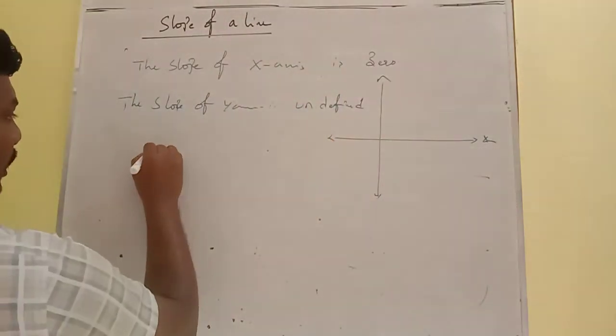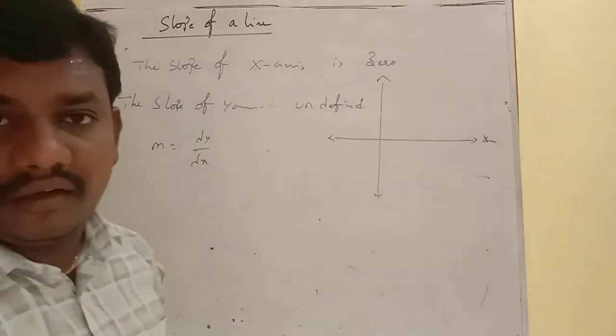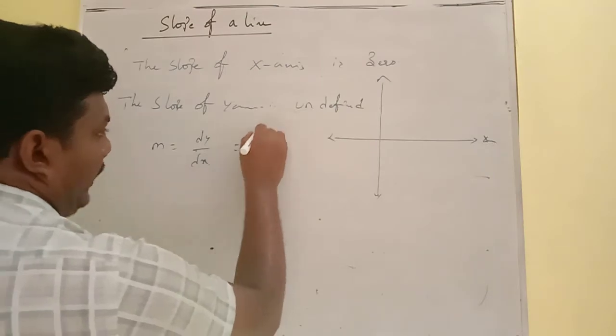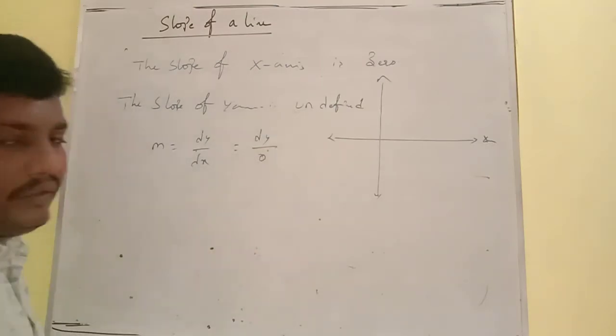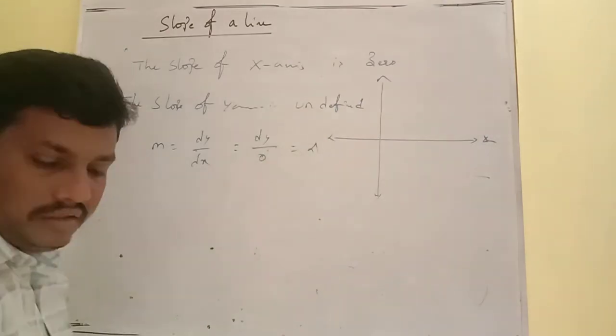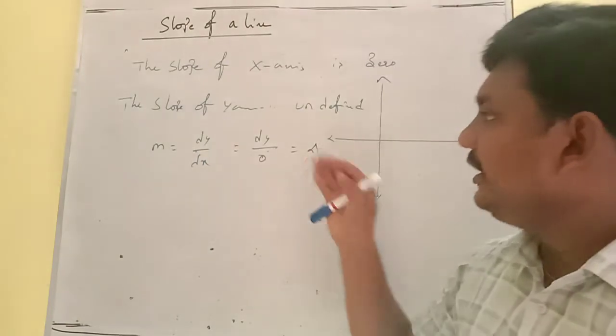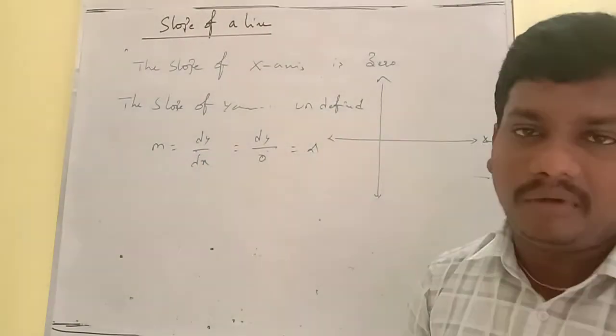According to the formula, slope m equals dy by dx, with the change of x being 0 on the y-axis, it becomes infinite. That's the reason why the slope of the y-axis is undefined.